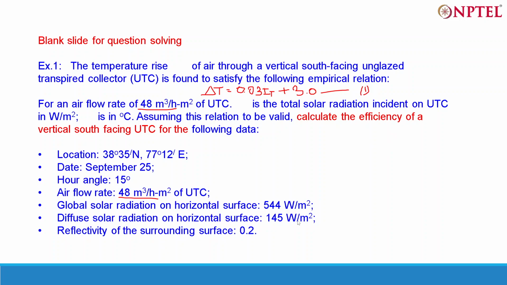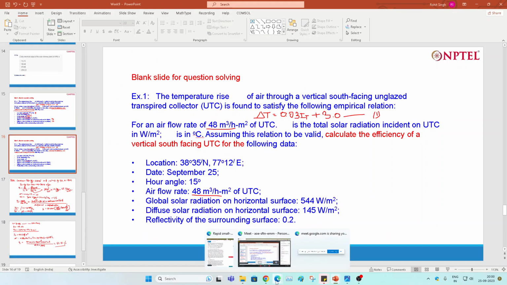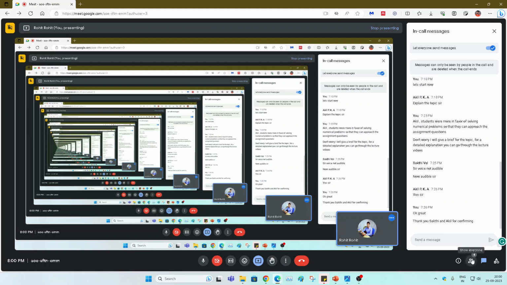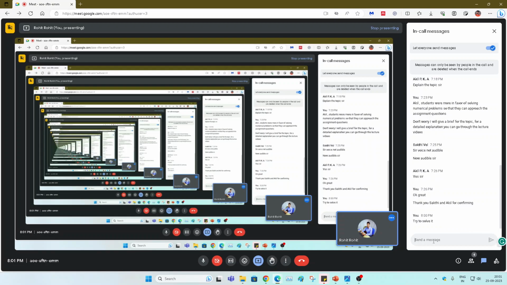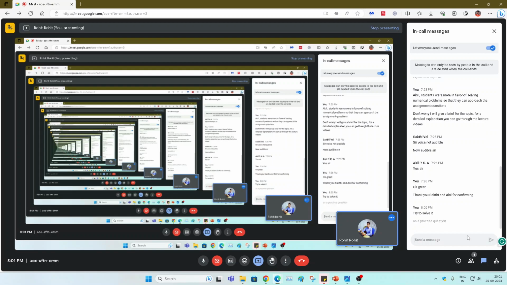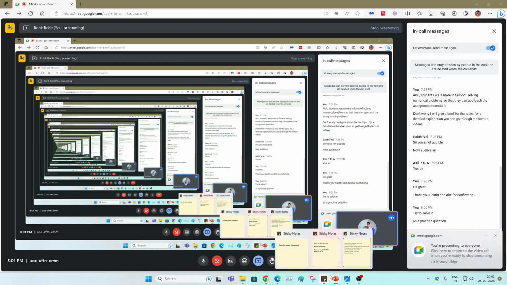Okay, so did you guys solve? So try to solve it as a practice question, and I will move next.